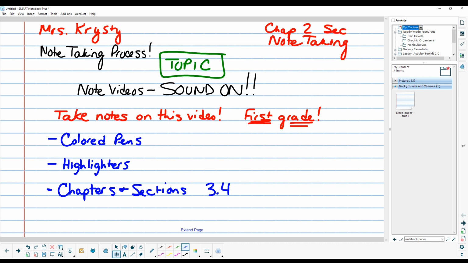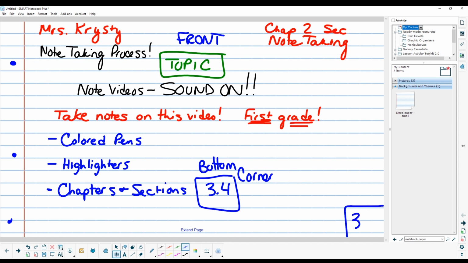In the bottom corner of the page, I'm going to have you put this information. If this is the front of the page, meaning you have holes over here on the left side, then I would like you to put it down here on the right-hand side of the page.